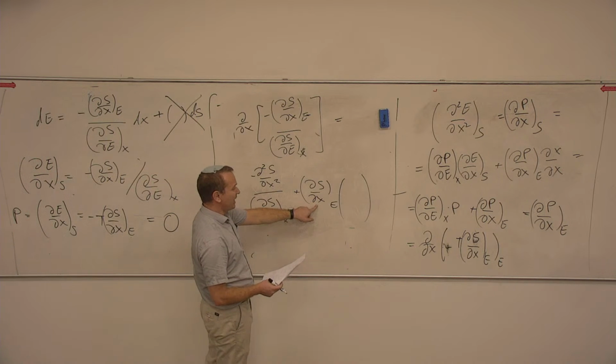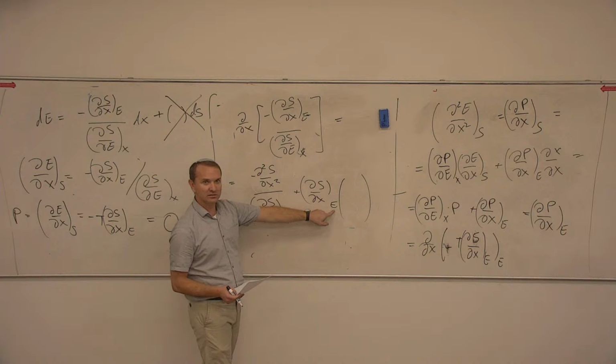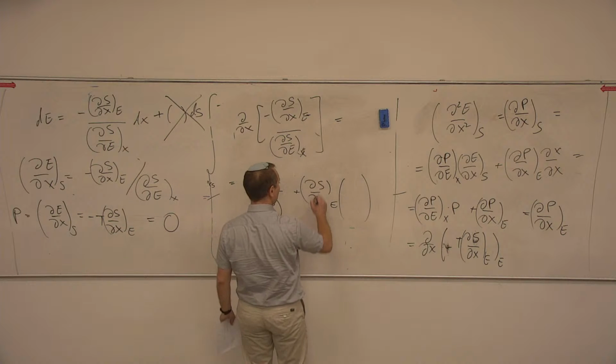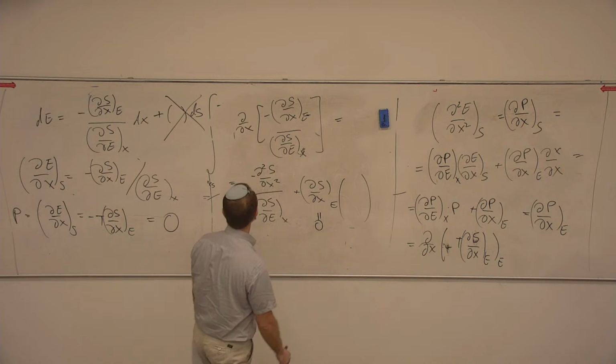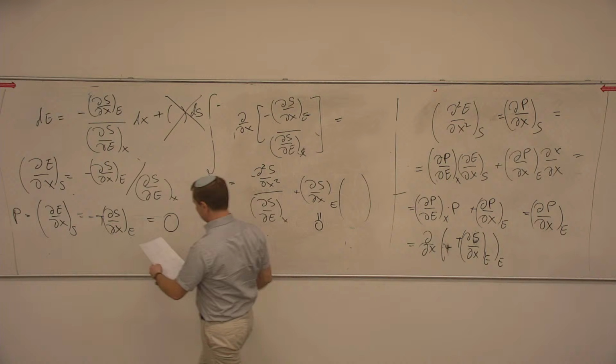But dS to dx with constant E is 0 because we are working at equilibrium state. We don't care about it. This equals 0. And we're almost done.